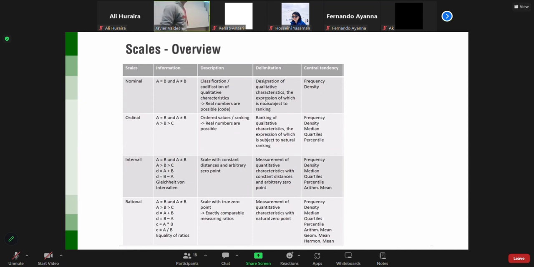Okay, I always like to ask questions on the exam about this table, and I think it is very necessary for you to understand these things so that in the future you do not make silly mistakes. The good thing is that we can calculate some kind of central tendency with everything. For example, if we have the nominal scale, I can calculate frequencies, right?